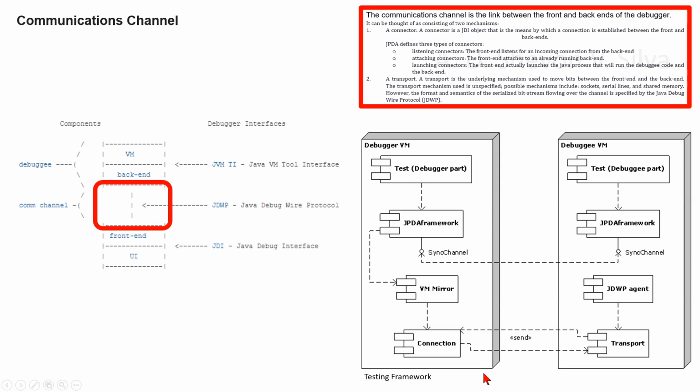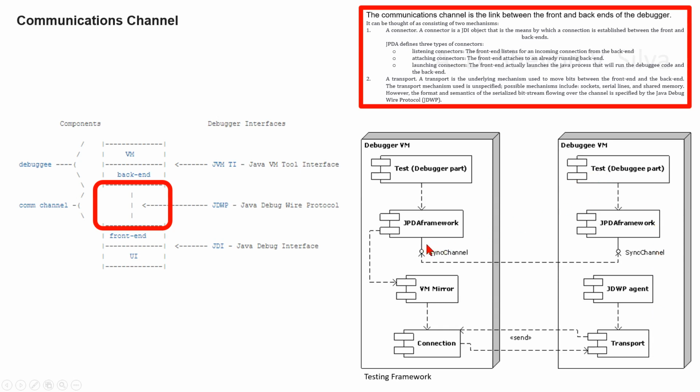Here you can see Debugger VM and Debuggee VM. Here the test, JPDA framework, VM mirror and connection are inside the Debugger VM. Test debugger part is connected to the JPDA framework. JPDA framework is connected to VM mirror. VM mirror is connected to connection. Here the test Debuggee part, JPDA framework, JDWP agent and transport are inside the Debuggee VM.